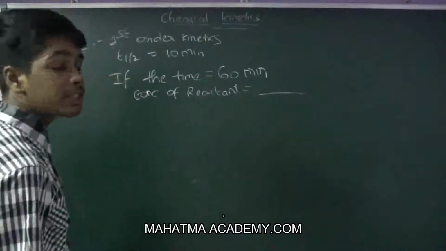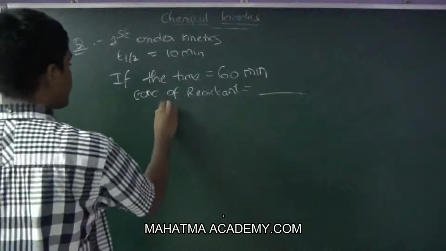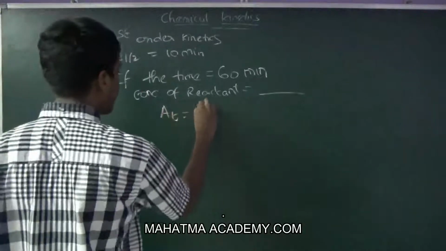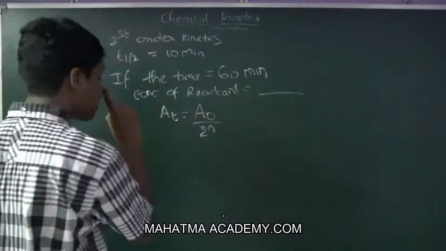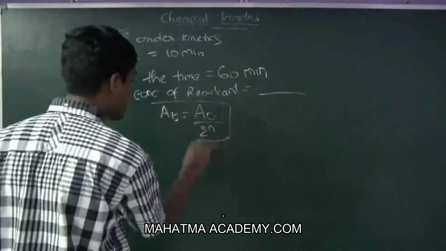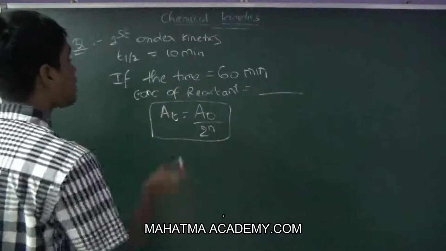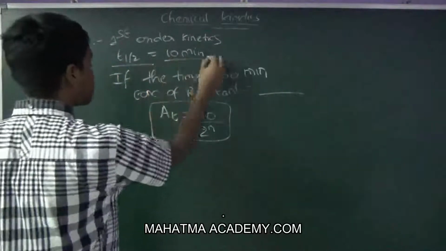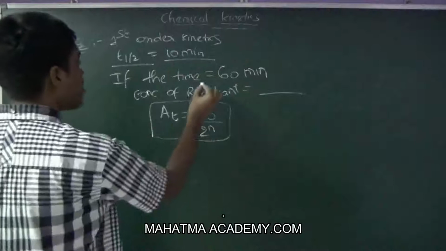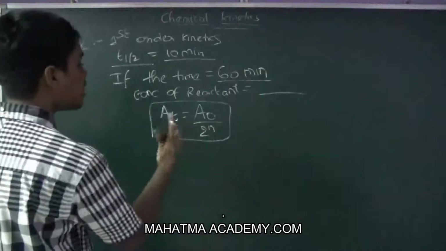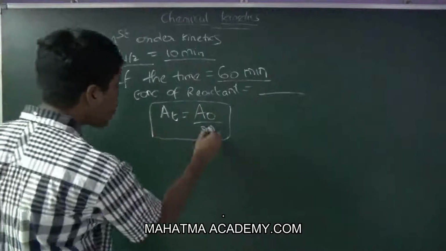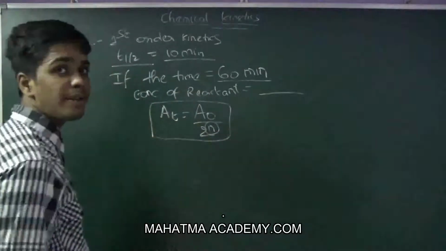Now as we have discussed earlier, At is equal to A naught upon 2 to the power of n, for first order kinetics. It is a standard question. If the t half is 10 minutes, and we want to find At for 60 minutes, we have to find the value of n.